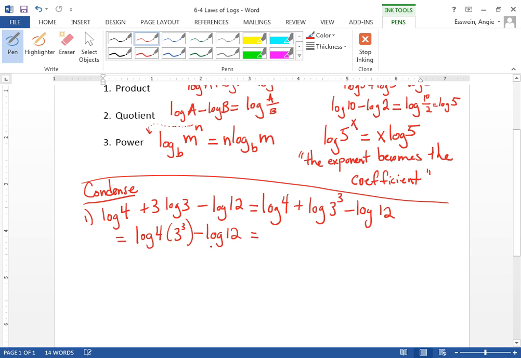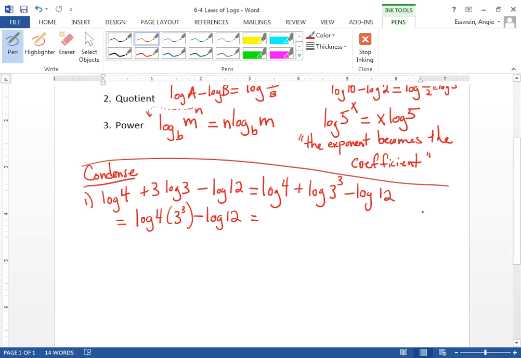And then, of course, when we subtract, it's the same as division. So you get log, 3 to the 3rd is 27 times 4 is 108, minus log 12. Now we just make it into one log expression, 108 over 12, which is log 9. That's the final answer.